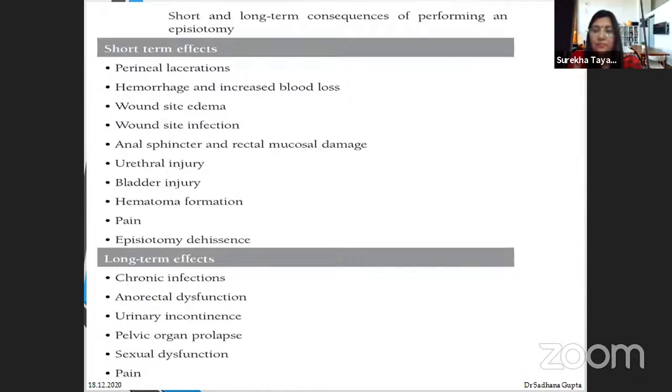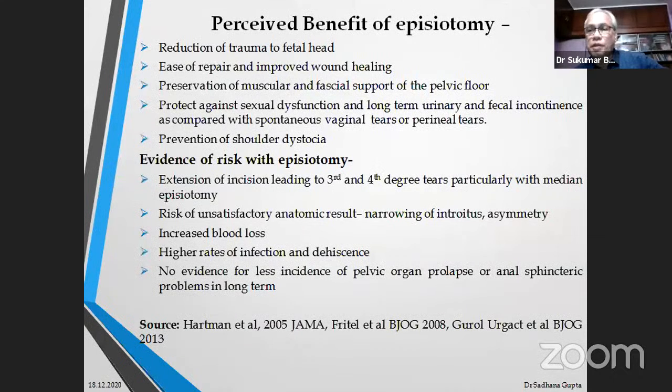So Dr. Sukumar, what is your take on the routine or indicated use of episiotomy, and in your own department, how is it managed? I will answer this in two phases. Fortunately or unfortunately, I was trained in the UK, where from 89 to 99 the recommendation for selective episiotomy came in.